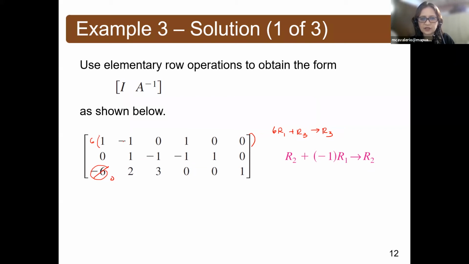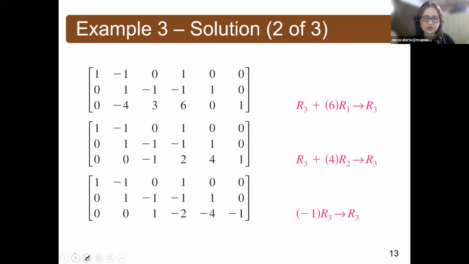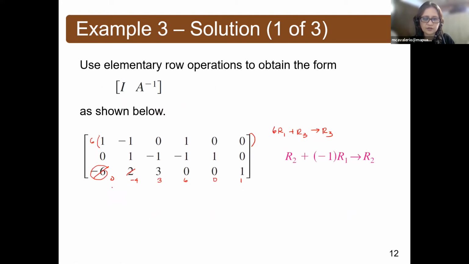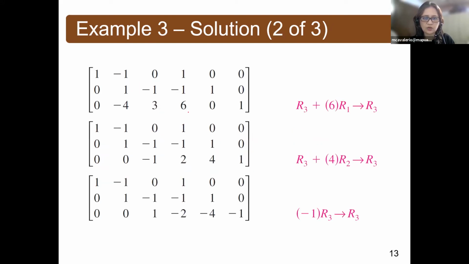You have negative 6 plus 2, so this becomes negative 4, and this one is still 3. You have 6 here, then still 0 here, and then still 1 here. So we will come up with the resulting row 0, negative 4, 3, 6, 0, 1.